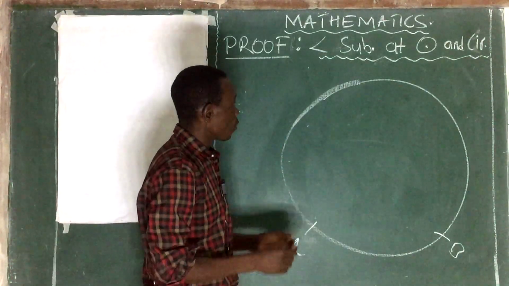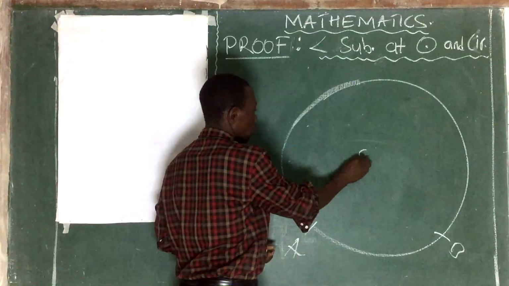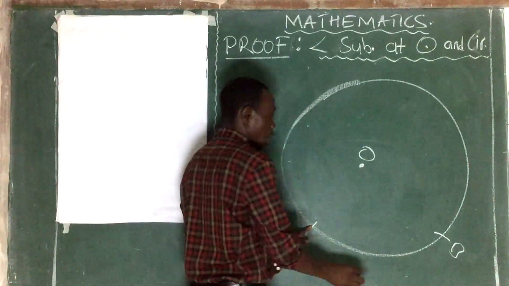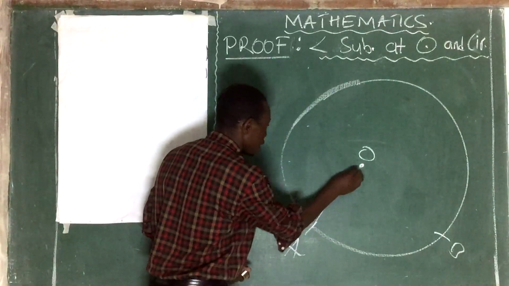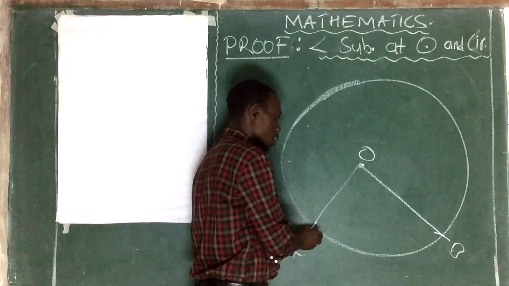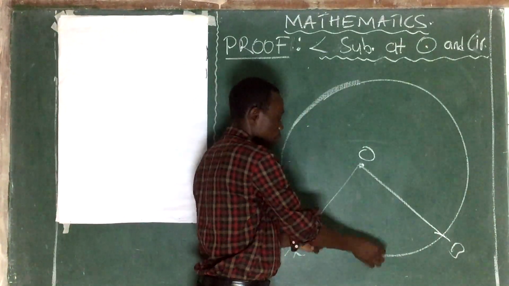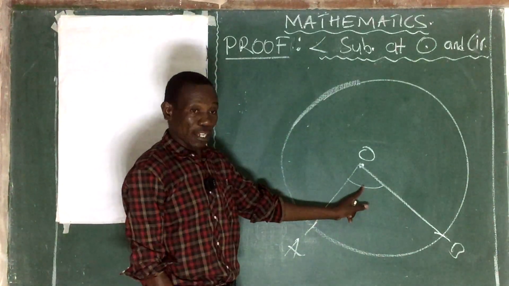If you were with us in the previous video, here is the center O, and here is an arc with the points A and B, the lines from which meet at the center like this. We say that this arc AB is subtending an angle at the center, because the arc is opposite to the angle at the center.